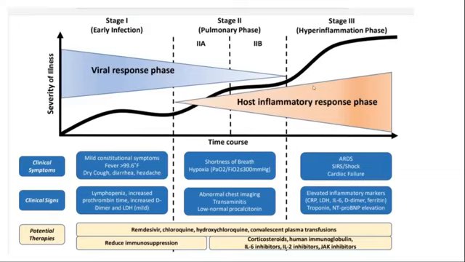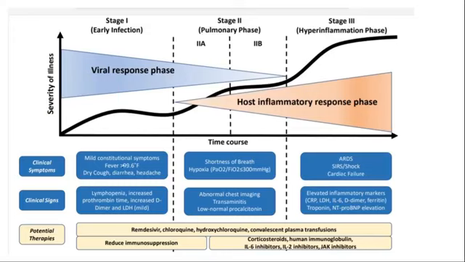And in the third stage, because of a lot of cytokine storm and the immune cells becoming hyperactive, it's not the virus but the immune cells and their cytokines that are causing inflammation and damage to the human cells. So we call it early infection, then pulmonary phase, or the in-between phase, and then we have the hyperinflammation phase. So people have realized that a lot of people die not because of the virus itself, but mainly because of the uncontrolled inflammation that happens after an infection.